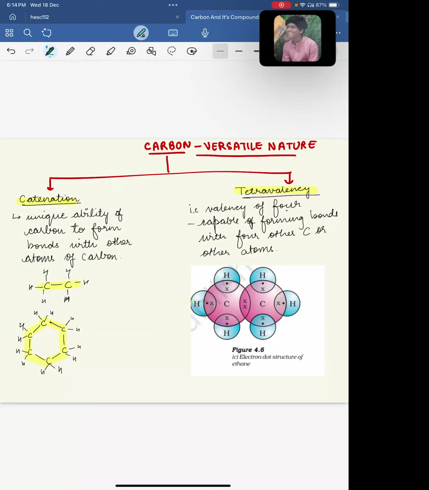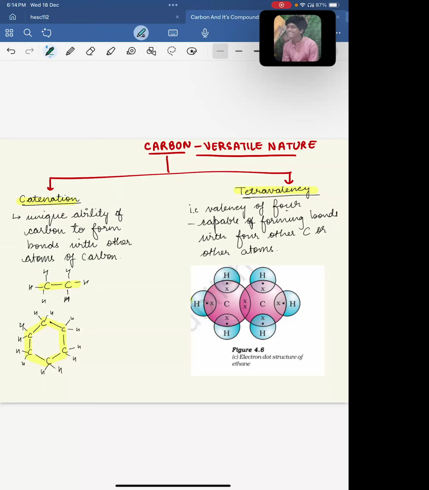Sulfur can also form S8. Okay, you'll study that in higher classes. But in comparison to carbon, they are nowhere near.